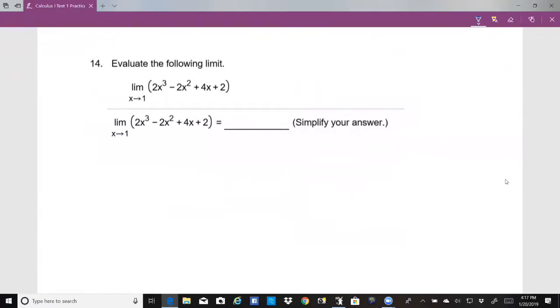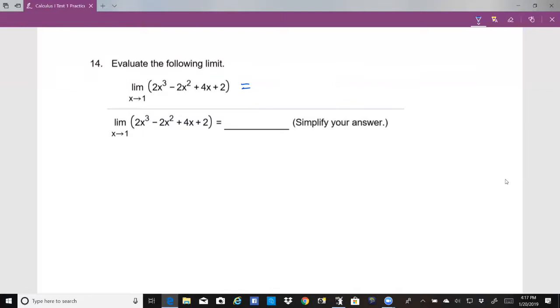Number 14, we want to evaluate the limit of this function as x approaches 1. This is one of the easy ones. Always try to plug in unless something weird is happening.